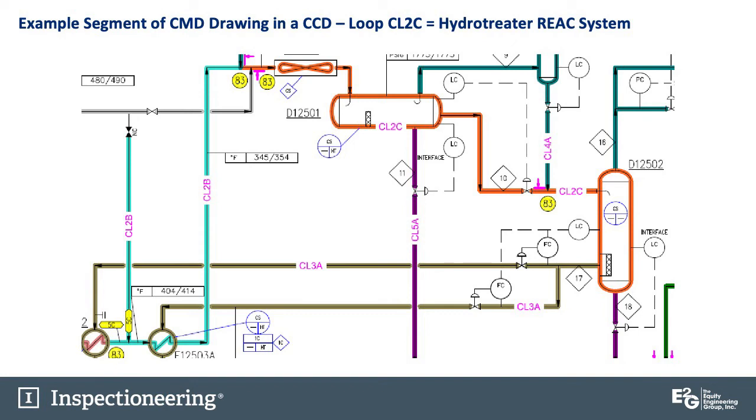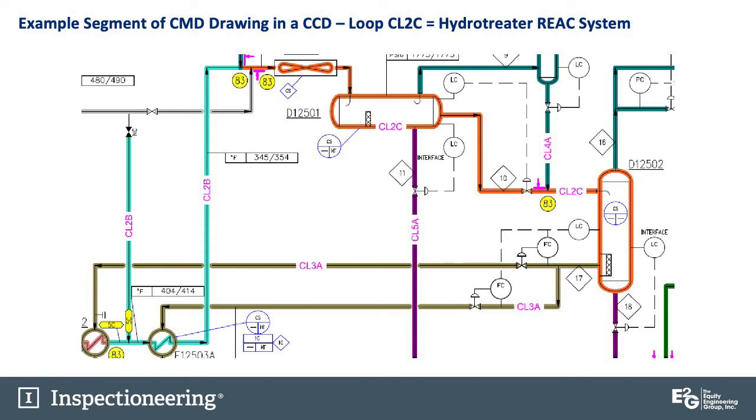But let me point out a few other things that make these CCD drawings pretty handy. You can see that all the metallurgy for the exchangers and vessels and piping are provided on the diagram. Over here, upstream of the REAC proper, there are some 5 chrome piping segments. Moving into the exchanger, we have a chrome bundle and a chrome channel, but a carbon steel shell.